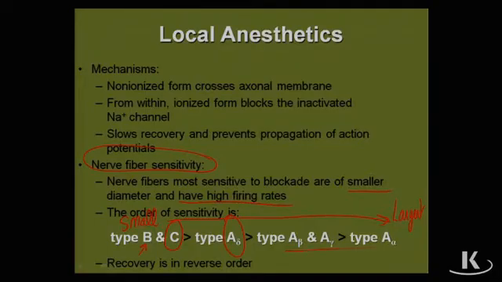Notice that other fibers that are more relevant of motor control, particularly stretch of muscle, would eventually also be affected. Recovery is in the obvious reverse order, with the largest ones that have the least concentration recovering sooner than the smallest ones that have a larger amount of anesthetic in them.